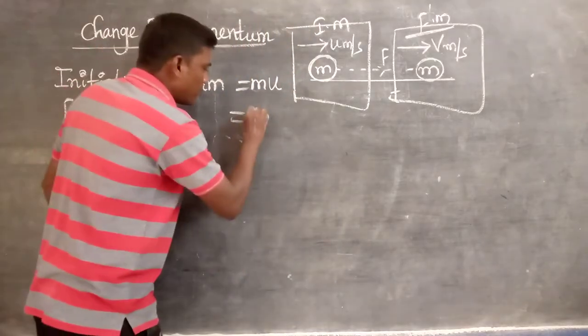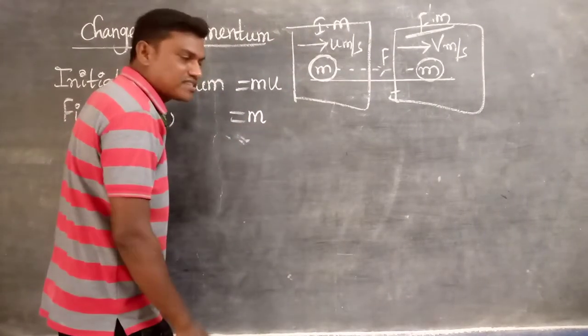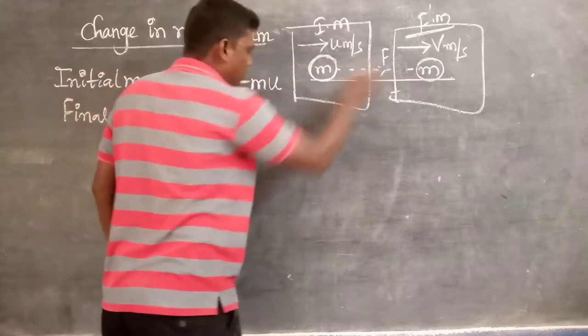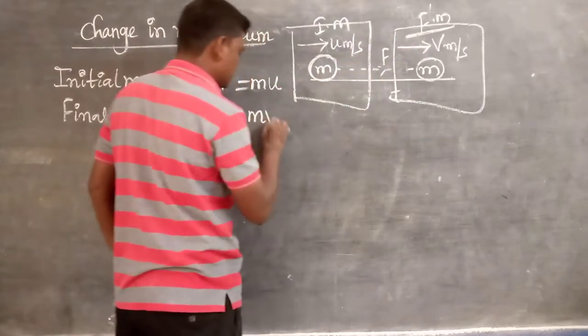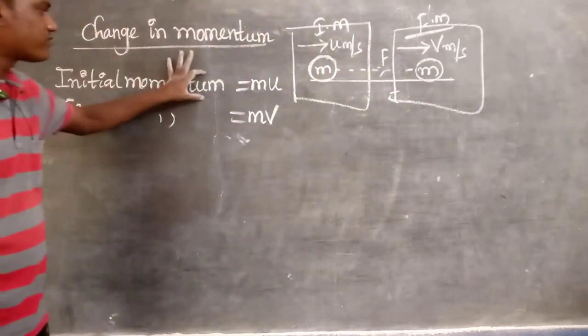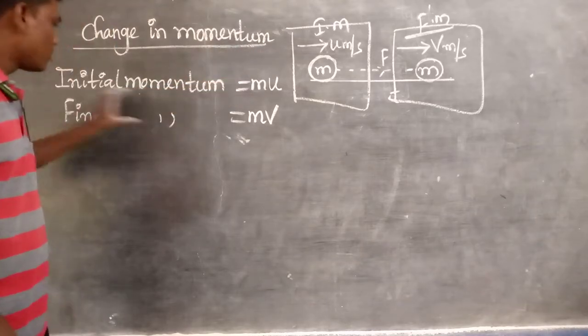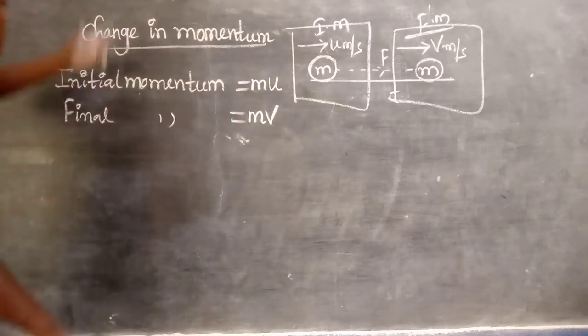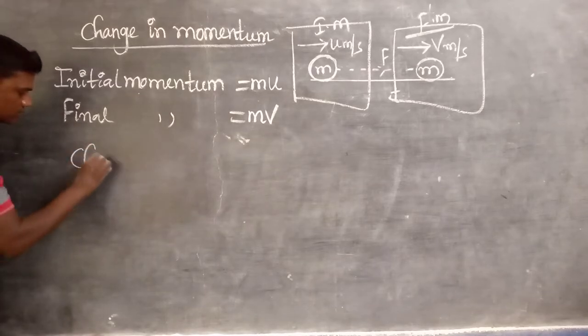Momentum is nothing but the product of mass and velocity. m is the mass of the body, and the velocity is v. So the initial momentum of the body is mu. The final momentum of the body is mv. But what is the change in momentum?